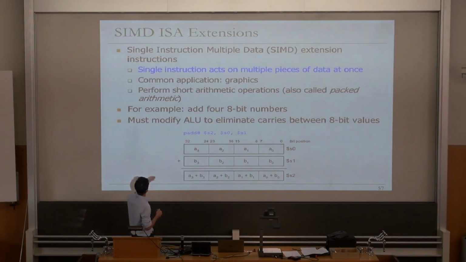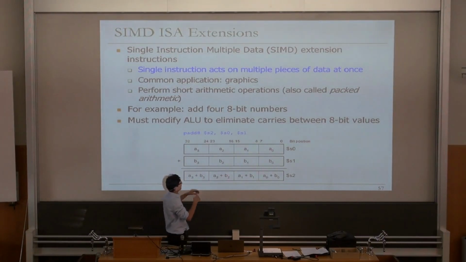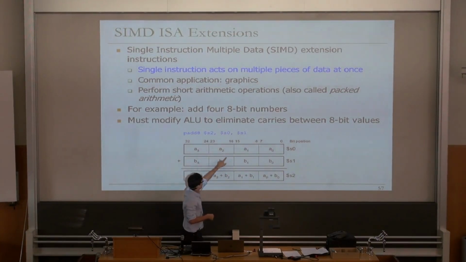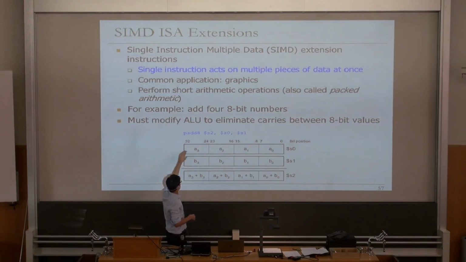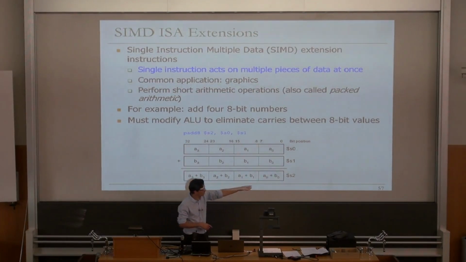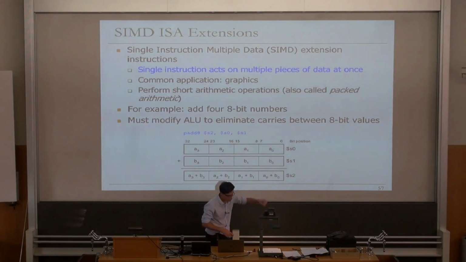In order to do that, it was necessary to modify the ALU to eliminate carries between consecutive 8-bit values. Here you see the example A plus B, and the result stored in vector register S2.